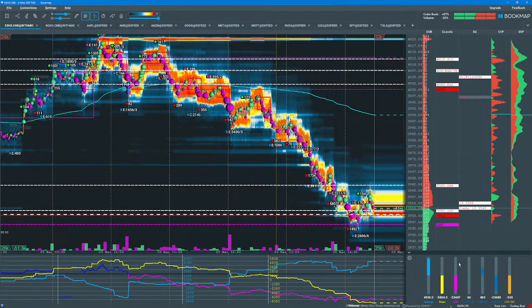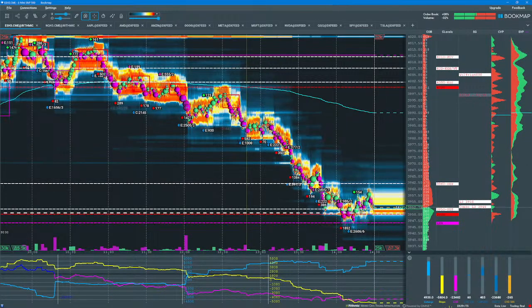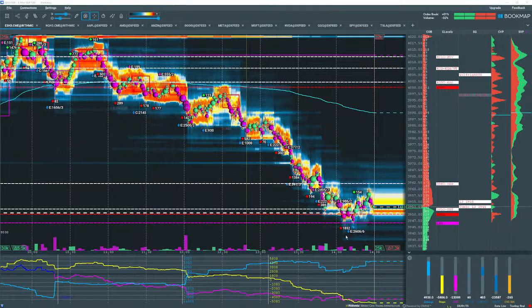And so far, sell stops continue, although the iceberg orders are in there. Large traders with their iceberg orders are buying, but there's still plenty of sell stops fueling this move down to these levels.